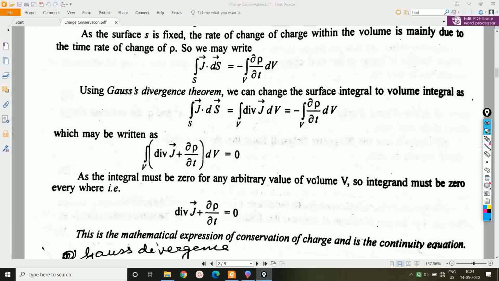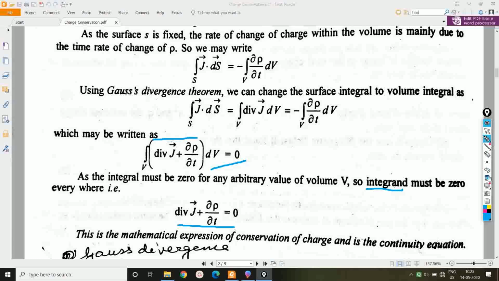So this integral must vanish for any arbitrary volume, any surface and any volume enclosed by it. For this integral to be 0, the integrand must be 0, and you will have div J plus del rho del t equals 0.